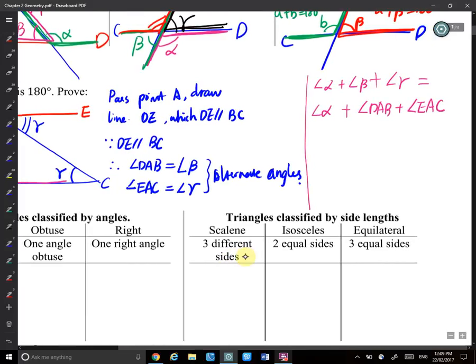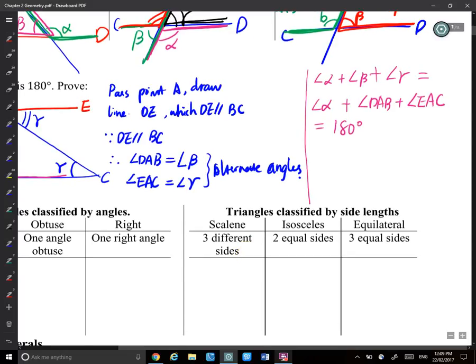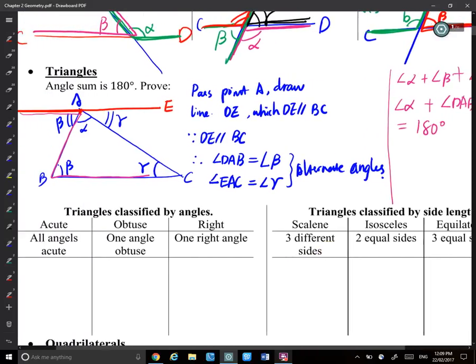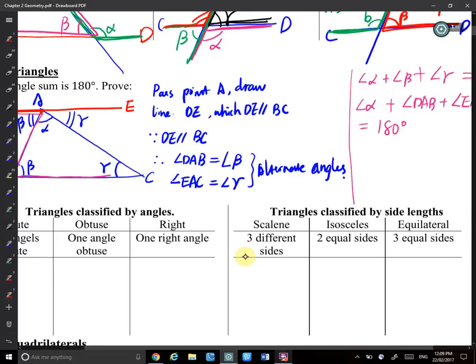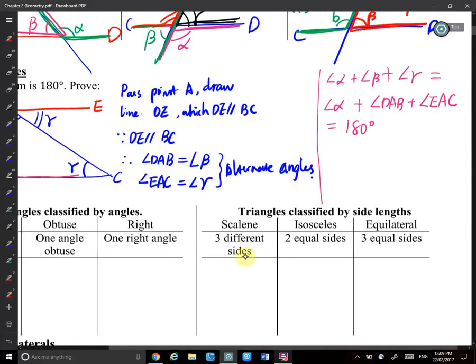And that will give you 180 degrees, right? Because it's on a straight line. They are supplementary angles, on a straight line. So straight angles.